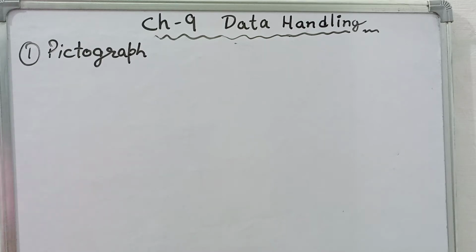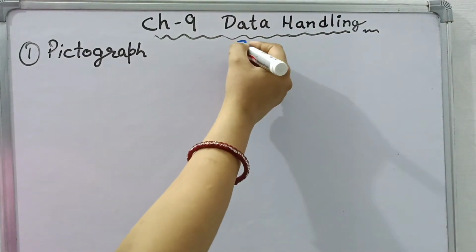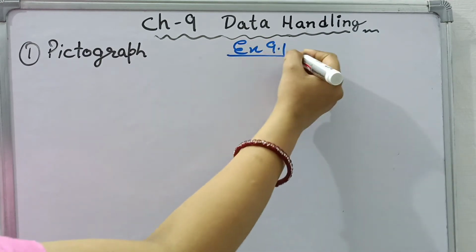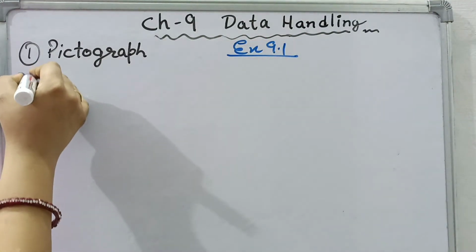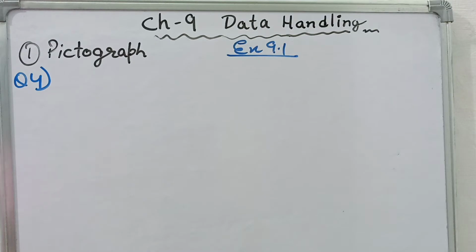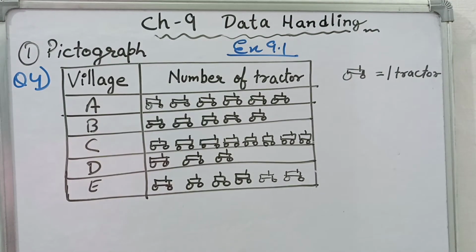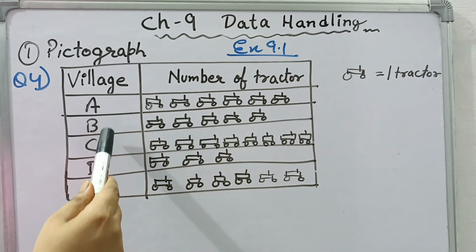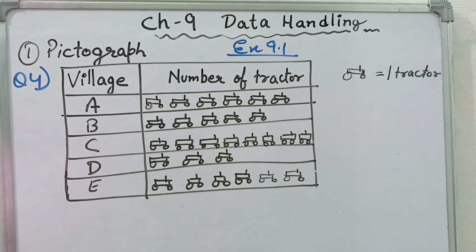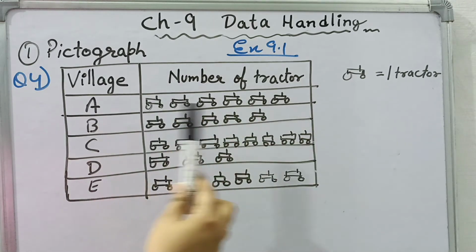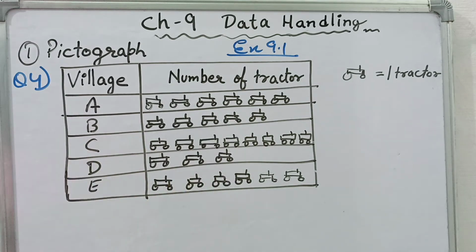Now come to exercise 9.1, question number 4. In question number 4, there is this table given where 5 villages are mentioned: village A, village B, village C, village D and village E. And there are some pictures drawn in front of these villages.